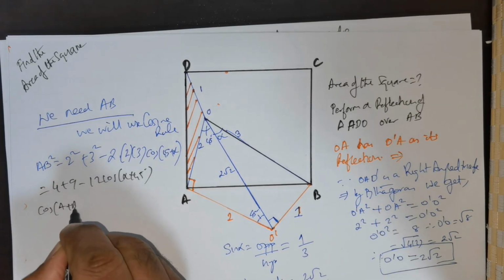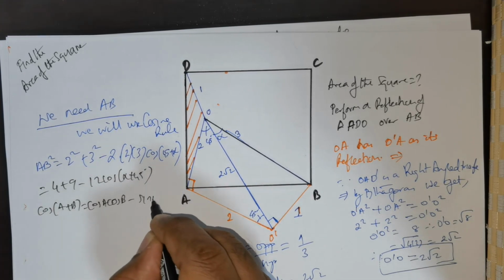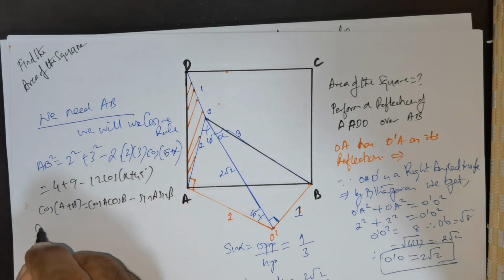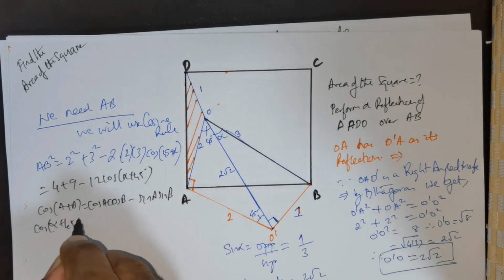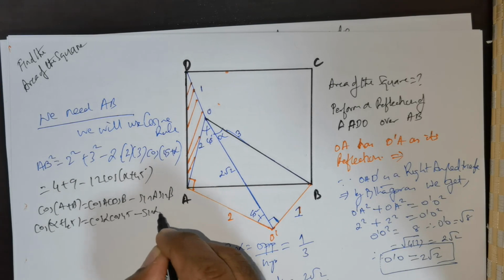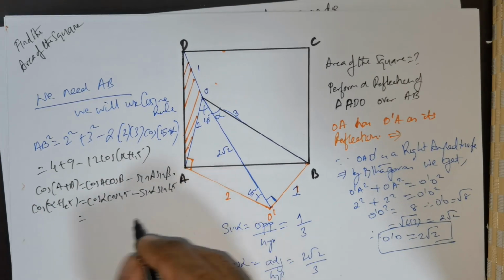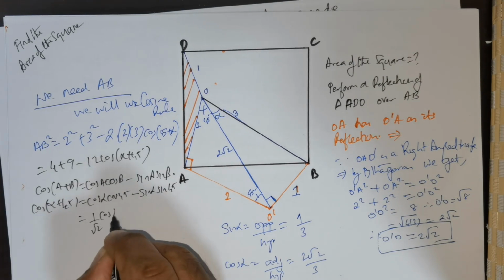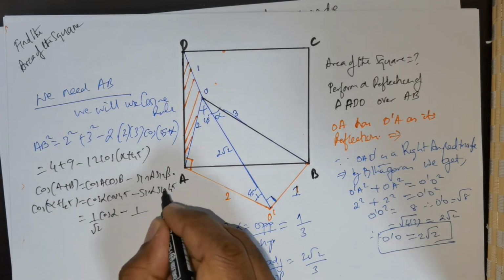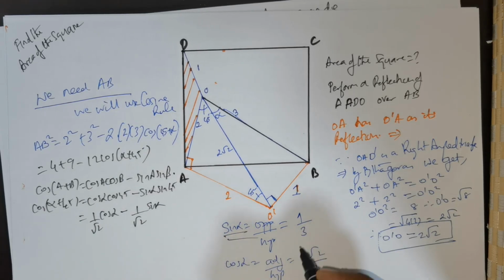Now I'm going to use the cos of A plus B formula, which is cos A cos B negative sin A sin B. So cos of alpha plus 45 is equal to cos alpha cos 45 minus sin alpha sin 45. Cos 45 is 1 over root 2. So this is 1 over root 2 times cos alpha, and negative sin 45 is 1 over root 2 times sin alpha. But sin alpha is 1 over 3.